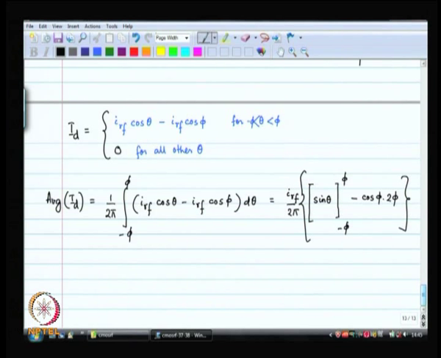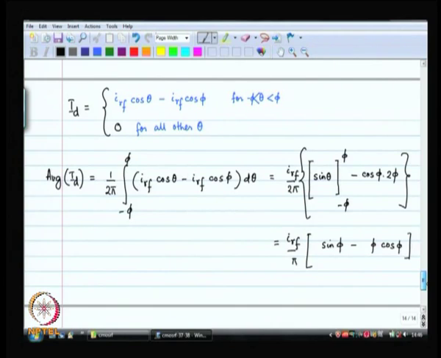So, that is basically what I have got, and I have to apply the limits to this, and once I apply the limits, sin phi minus sin phi. And of course, the 2's all cancel out, and this is what you get.